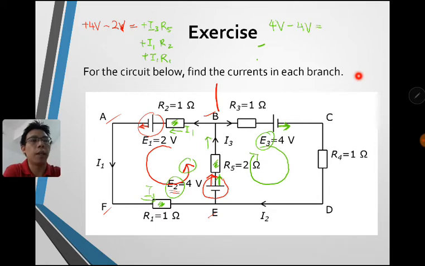That's how we apply the negative here. The rest of it is the PD, so we have I3, also positive, R5, and then we move on to I2 R3, and we plus another I2 R4. Make sure you have all the resistances and their PDs there. So you should be able to form 3 equations now, and then you can solve to find the currents.